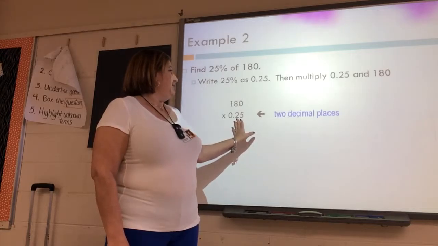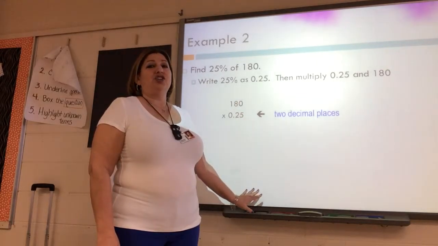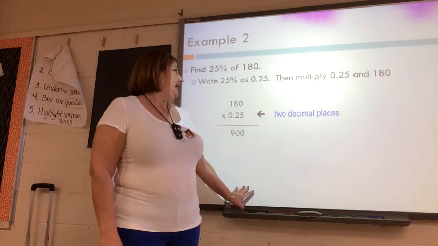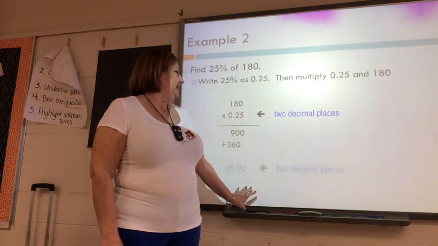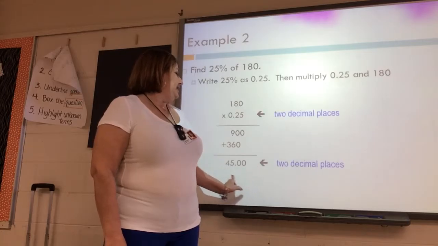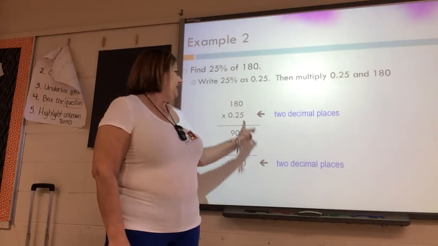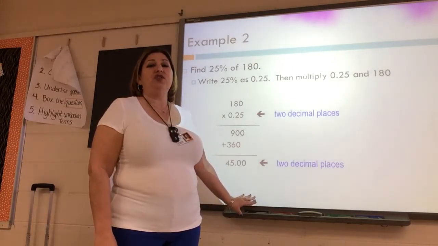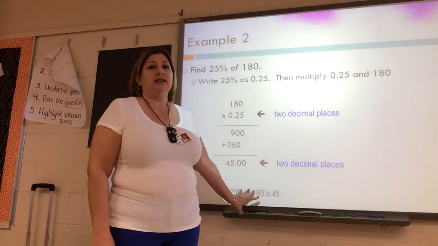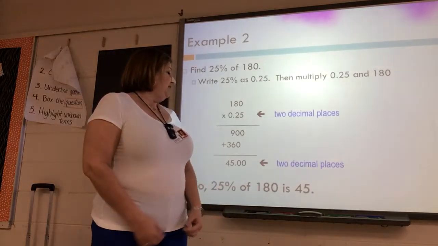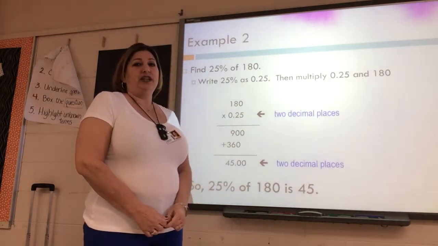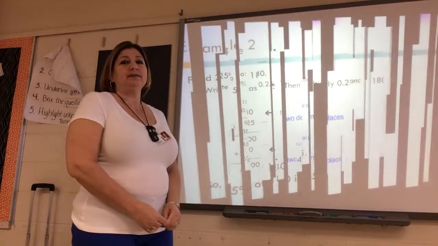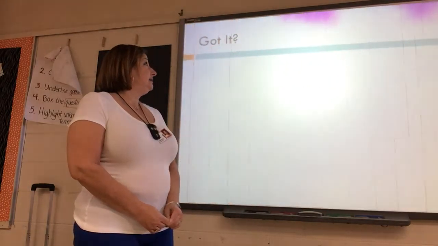This is 2 decimal places, so when you're multiplying, make sure you're lining it up correctly, and you get 900 plus 360, and that winds up being 45 because you had 2 decimal places in one of your factors, so you'll have 2 decimal places in your product. So 25% of 180 is 45. Got it?